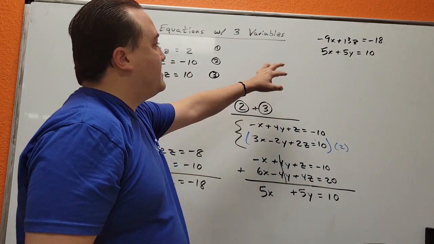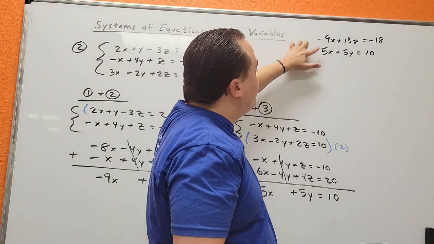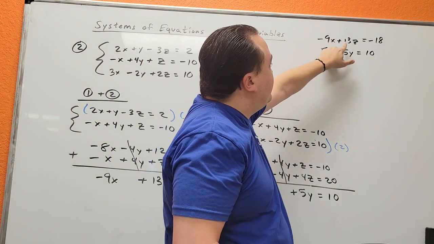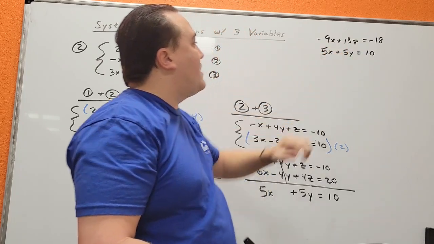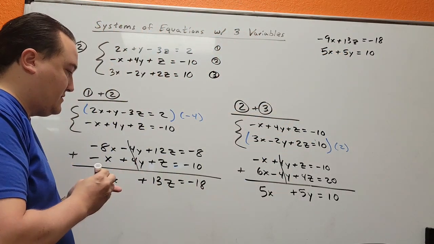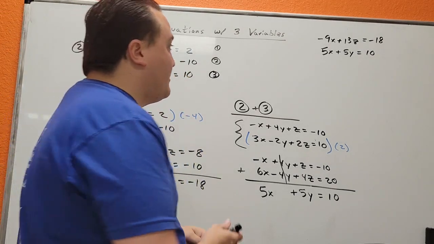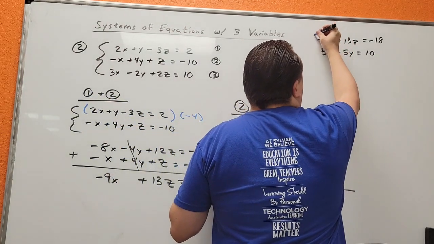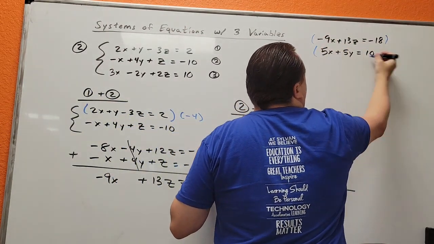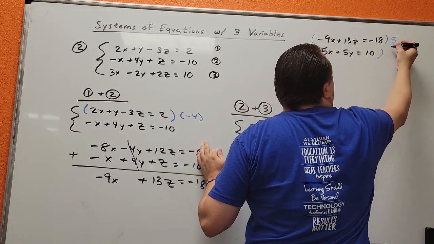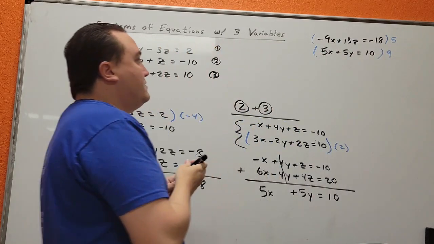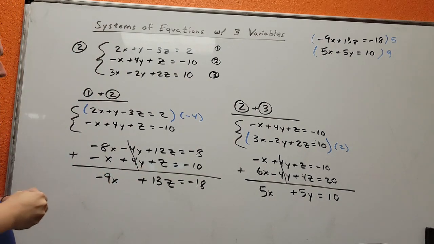Then you want to look for the best thing to eliminate here. 5 and 9 both go into 45. 13 and 5 both go into 65. So I'd probably get rid of the x's, just because it's a smaller least common multiple. It's kind of like a common denominator. So we have to multiply both equations by something to make that happen. So we'll times this one by 5 and this one by 9. And that's going to let us solve for z.